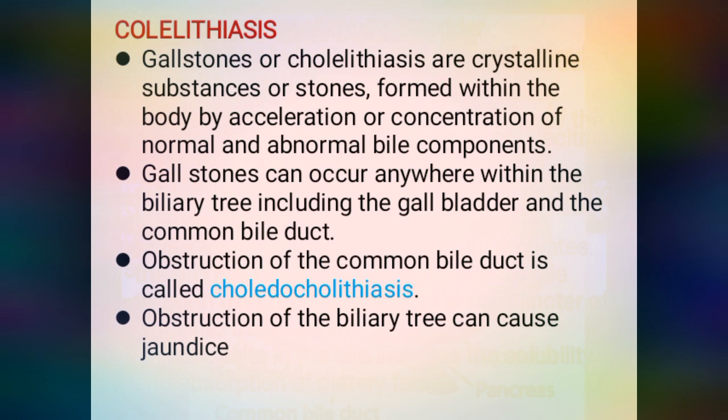So the gallstones, or cholelithiasis, are the crystalline substance or stones that are going to be formed within the gallbladder due to the high concentration of the cholesterol and other contents that are found within the gallbladder.